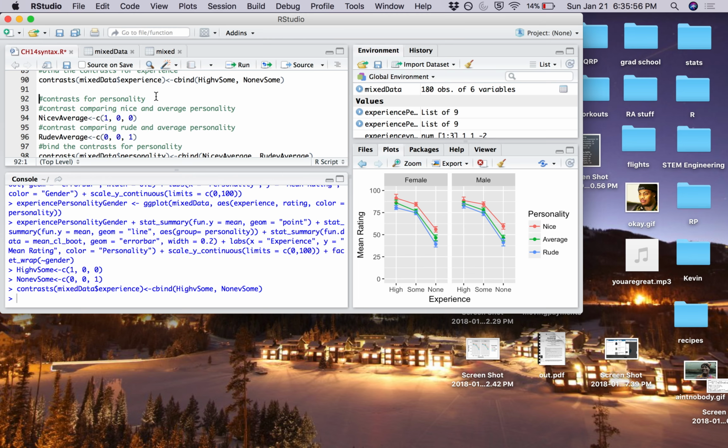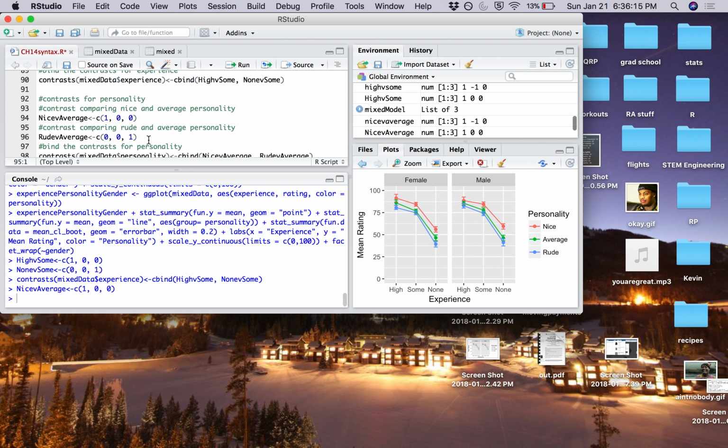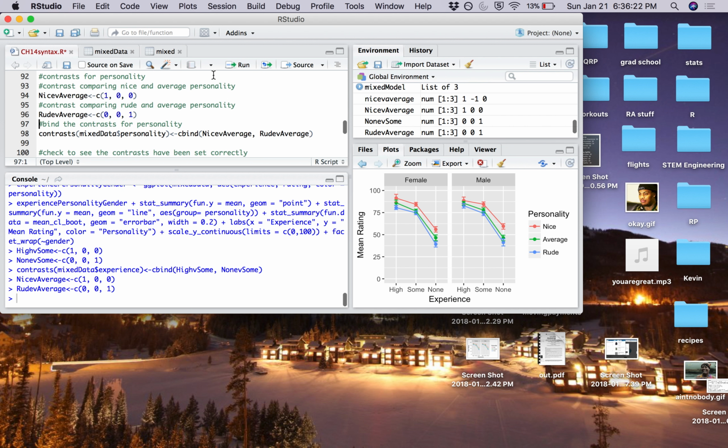So we're going to code the baseline group of the average personality as 0 for the contrast, and then for one contrast we will assign 1 to the nice category and then 1 to the rude category. So contrast 1 compares the nice personality to the average personality, and then contrast 2 compares the rude personality to average personality.